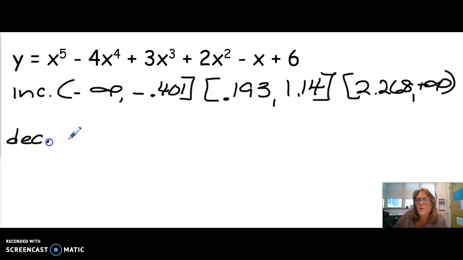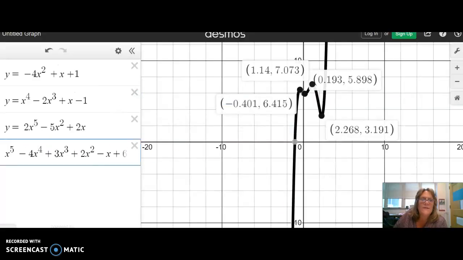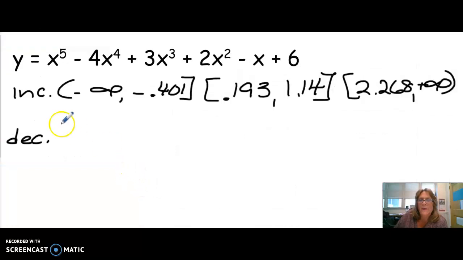All right, so let's look at where it starts decreasing. Where's the first place that it decreases? Well, it first decreases at this negative 0.401 until it gets to 0.193.